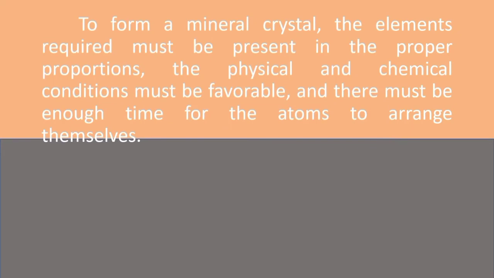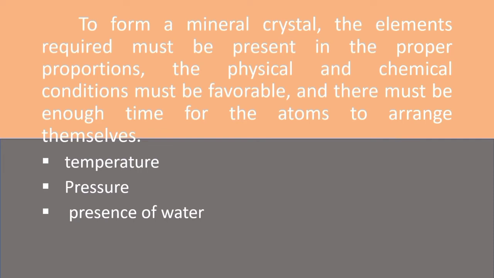To form a mineral crystal, the elements required must be present in the proper proportions. The physical and chemical conditions must be favorable, and there must be enough time for the atoms to arrange themselves. Physical and chemical conditions include factors such as temperature, pressure, presence of water, pH, and the amount of oxygen available.